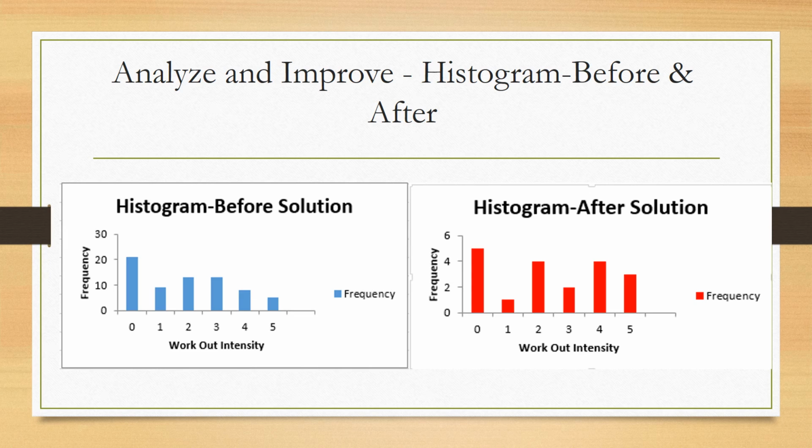So our actual frequency of 0 to 1 activity intensities has decreased by about 12%. So that's a good thing. It means we have a higher frequency of those qualifying intense activities ranging from 2 to 5, which is what we're looking for through our improvement, and that's meeting our goal overall.